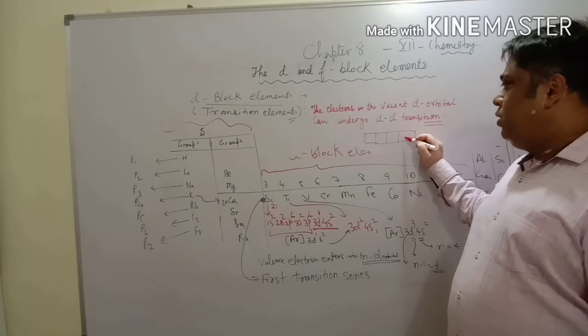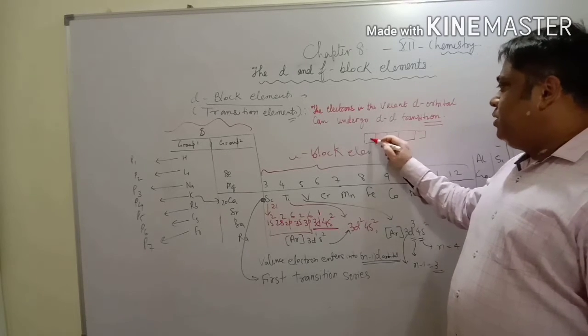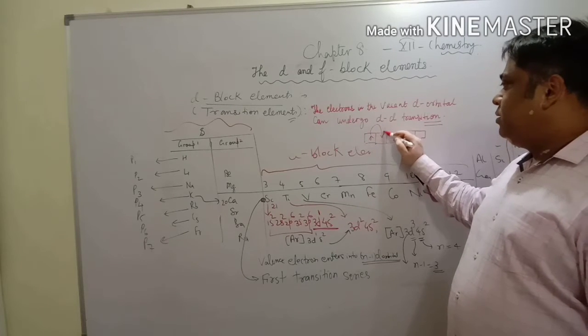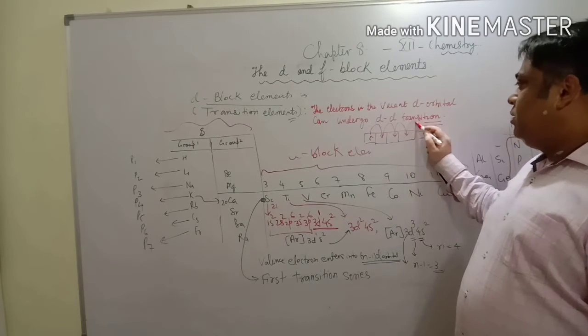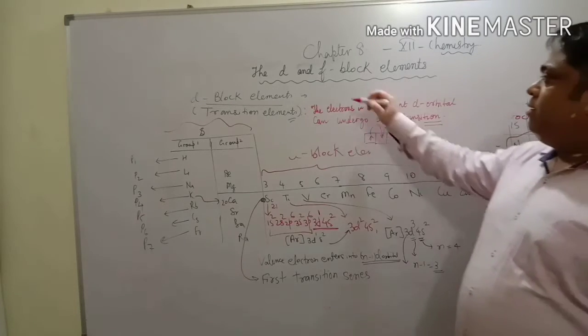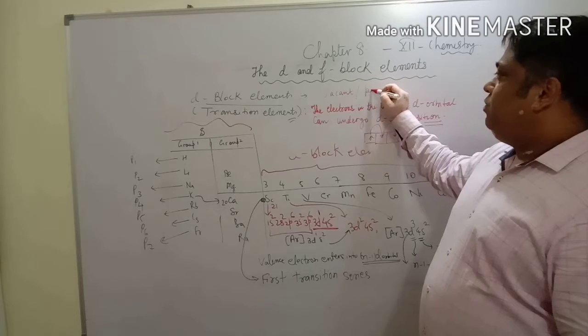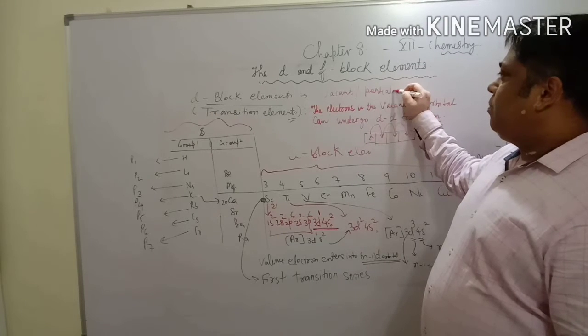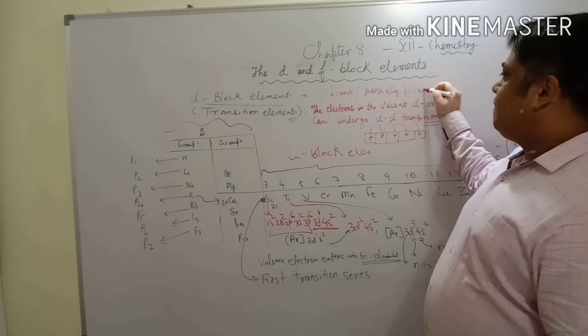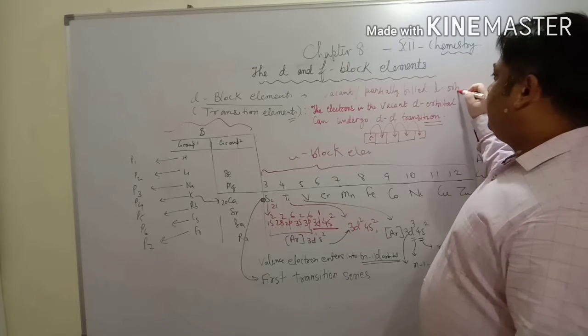One, two, three, four, and one vacant. So these electrons can transit from one place to the other. This is only possible when there is a vacant or partially filled d orbital.